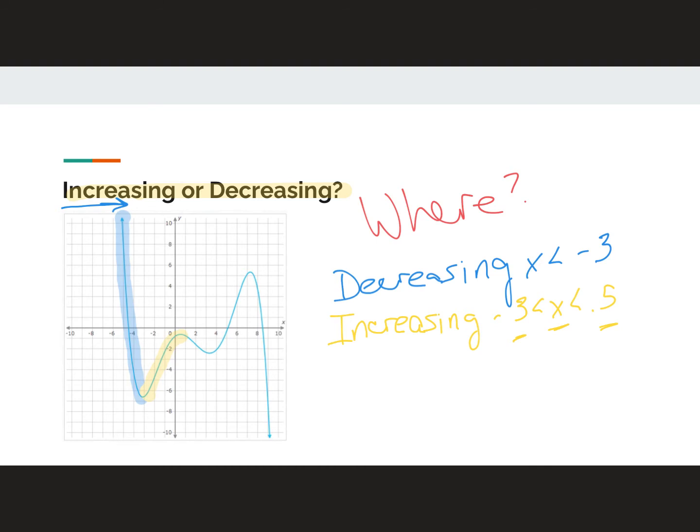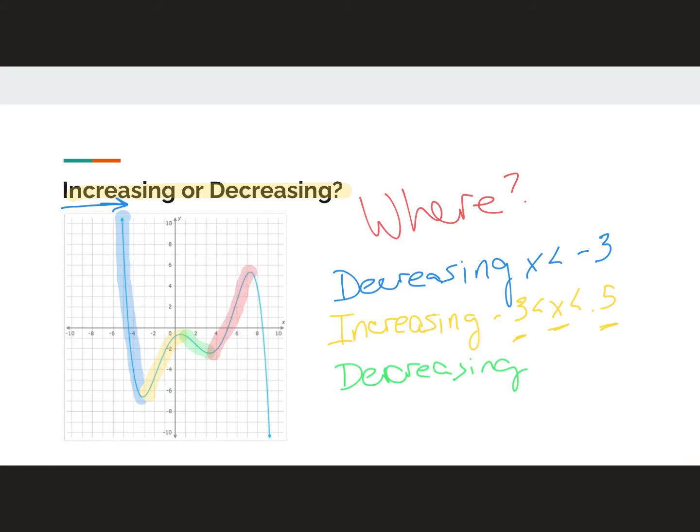And then this next section right here from 0.5 down to about 3 is decreasing. And then I have another section that is increasing.